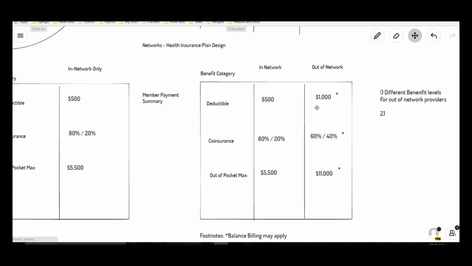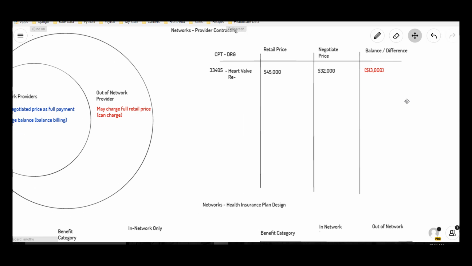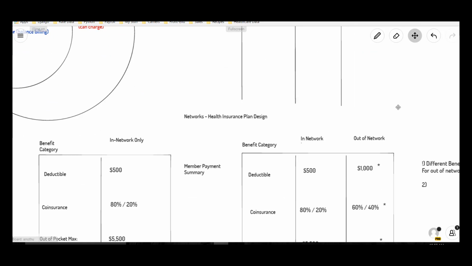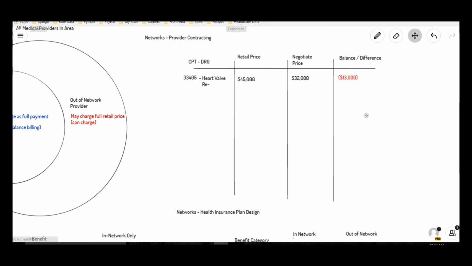If you remember from the last video, we talked about medical providers. If you go and see an in-network provider, the insurance company negotiated a lower price for those network providers. However, the out-of-network providers can charge their own prices. The insurance company, whether you go in-network or out-of-network, will usually only pay their benefits against the negotiated price.